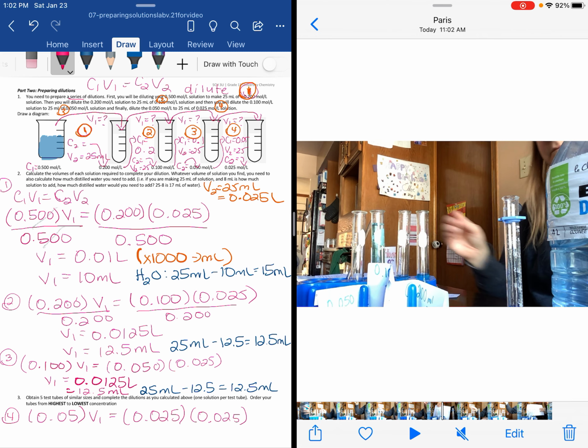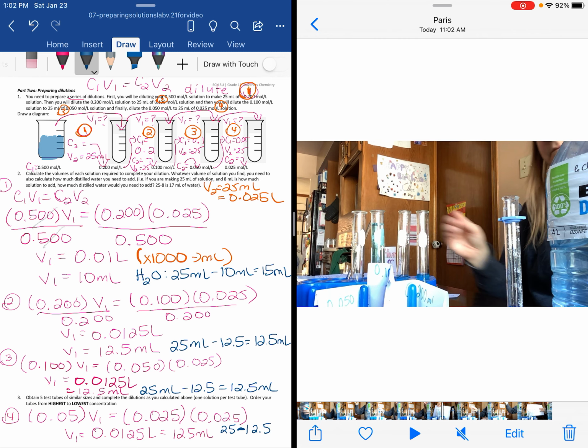So 0.025 times 0.025 divided by 0.05 gets us, what a shock, 12.5 milliliters. Again, because we are now halving the concentration again.